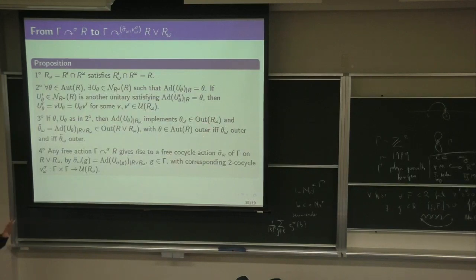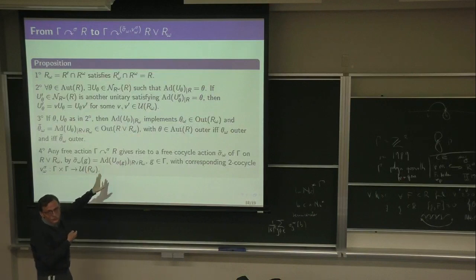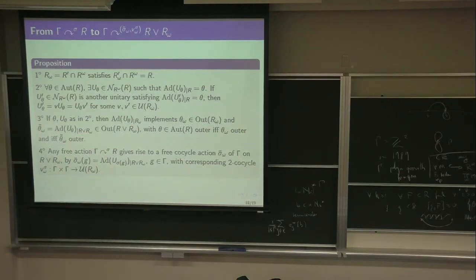It's an easy exercise. And if and only if this theta tilde omega, which you also have on this, is outer. So any free action gives rise to a free cocycle action sigma tilde omega of gamma, just by taking Ad U sigma. The corresponding 2-cocycle takes values here, is this thing.